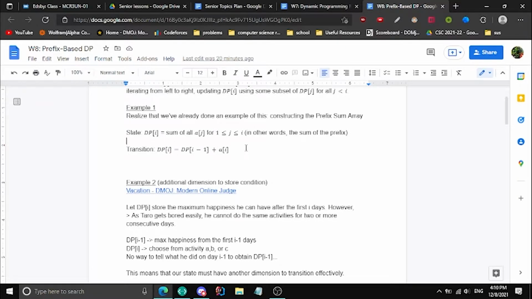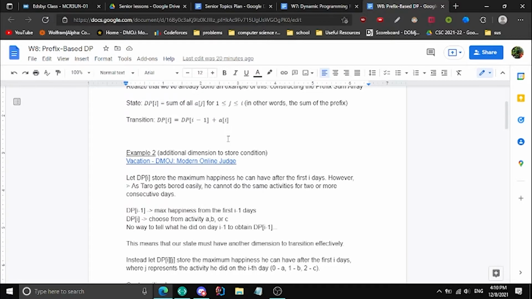The transition when we constructed the prefix sum array was DP at I equals DP at I minus 1 plus A at I. This helped us calculate DP at I in O of 1 time every time we went through it. So the construction of the prefix sum array is actually an example of prefix-based DP.